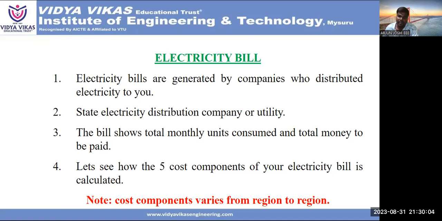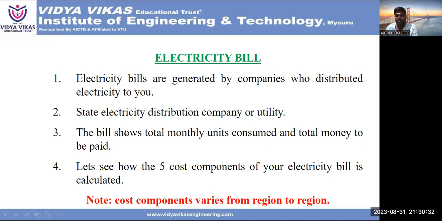The first one is Bengaluru Electricity Supply Company (BESCOM), then Chamundeshwari Electricity Supply Company (CESC), Hubballi Electricity Supply Company (HESCOM), Gulbarga Electricity Supply Company (GESCOM), and MESCOM, Mangaluru Electricity Supply Company. There are 5 distribution companies in Karnataka.